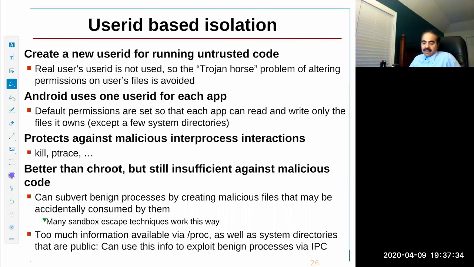So user ID based isolation does give you quite a bit, although it's less than perfect, and there are still a few gaps, which is why apps are not fully secure yet.